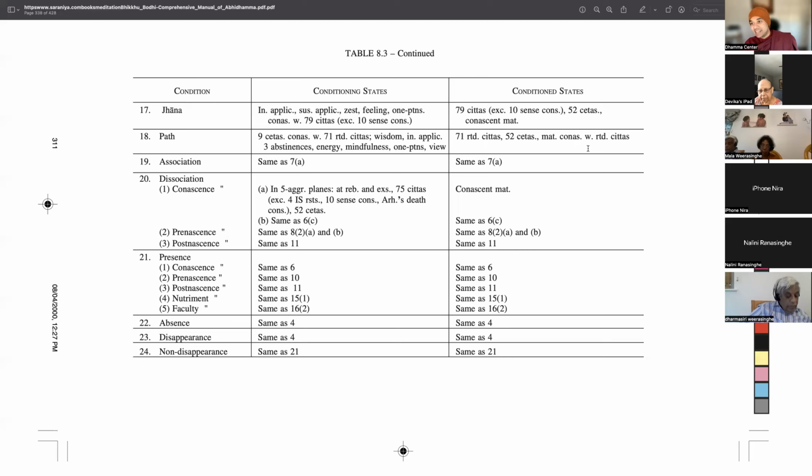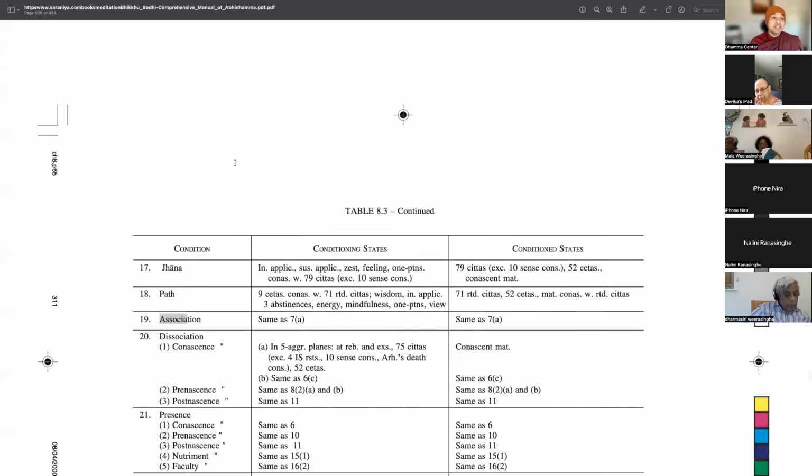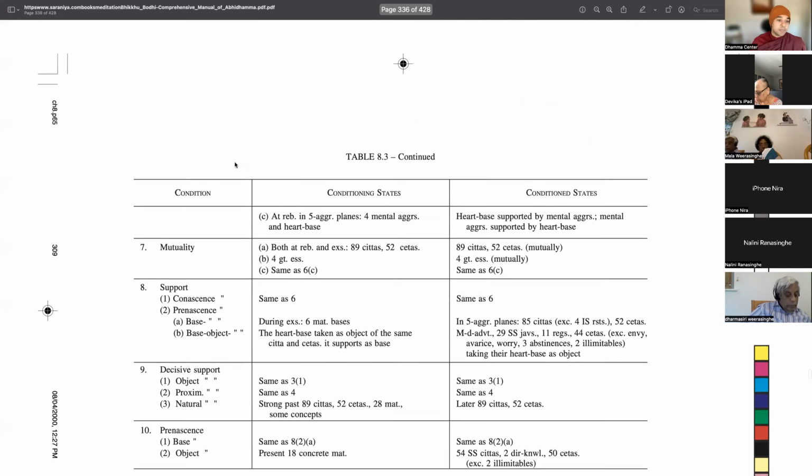Do you understand? Now, disassociation condition is the right opposite of association condition, which we did earlier. Two sides of the same coin. Association condition speaks about association. Now, 7a, what is 7a?